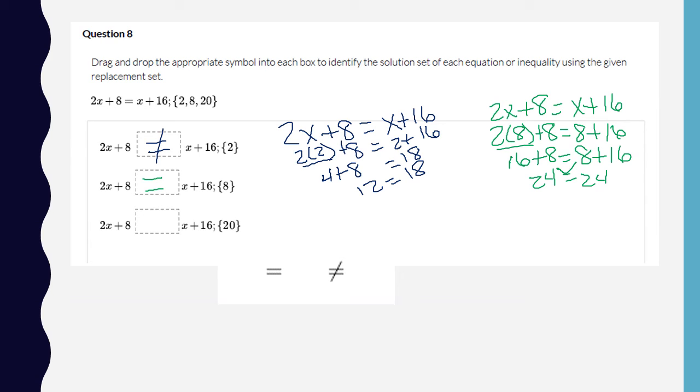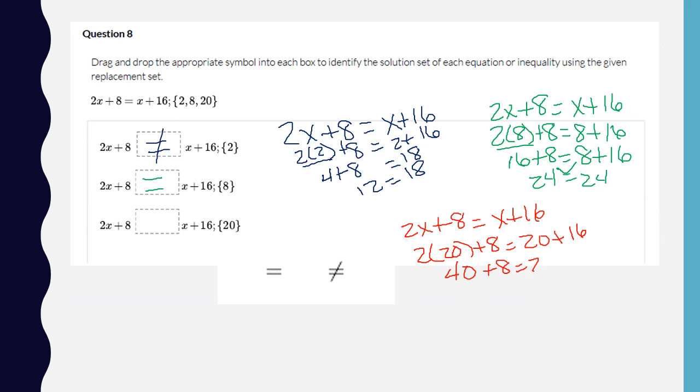That's going to be equal. Then our last one, it wants me to plug in 20. Okay, so 2 times 20 is 40 plus 8. So that would be 48. And 20 plus 16 is 36. So that one is not equal.